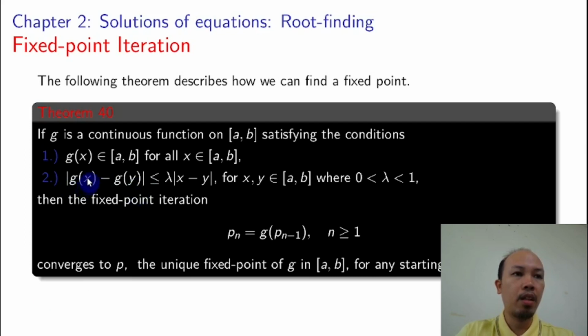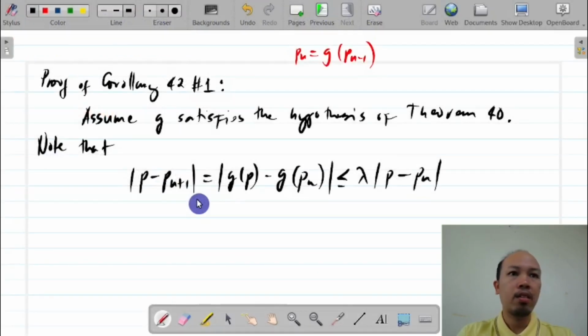Okay, so our x is P and our y is P sub n. So we will use this assumption, this one here. So this is correct by Theorem 40b.